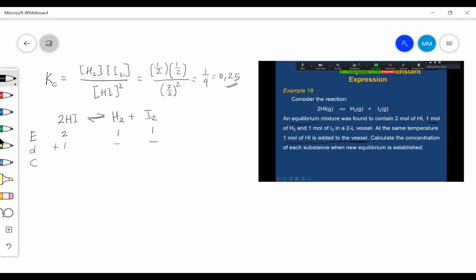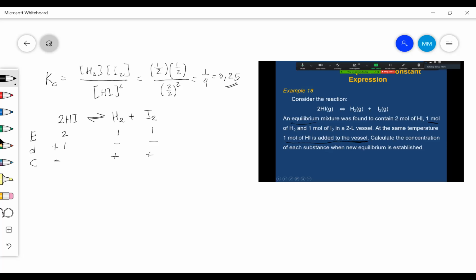So what does it mean? If shifting to the product, the reactant will be decreasing, minus, and the product will be increasing, plus. So the change is like this.